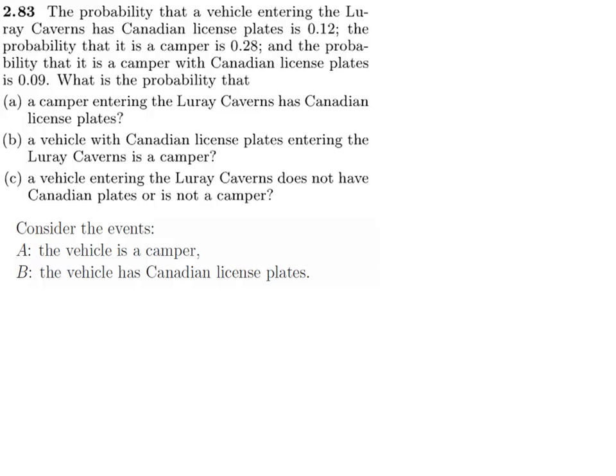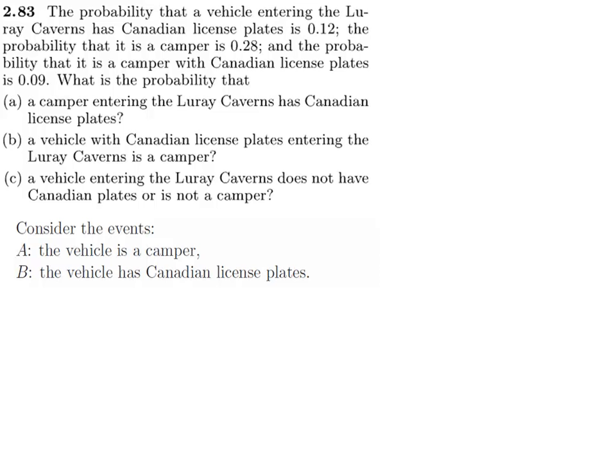So the first question is asking, what is the probability that a camper, so you know it's given, it is a camper, entering the cabin has Canadian license plates? Yes. Because it's given that the vehicle is a camper. So that would be the probability of B given A.